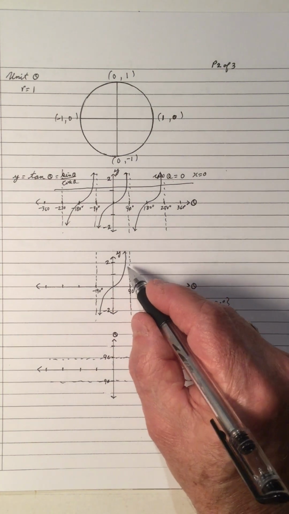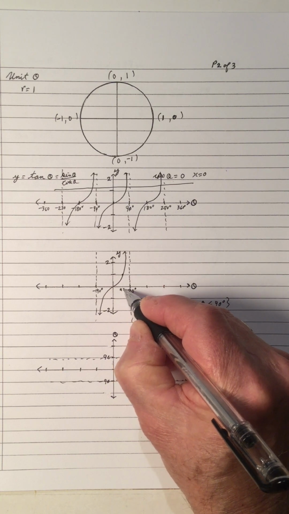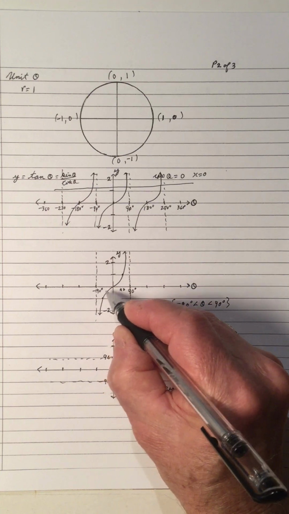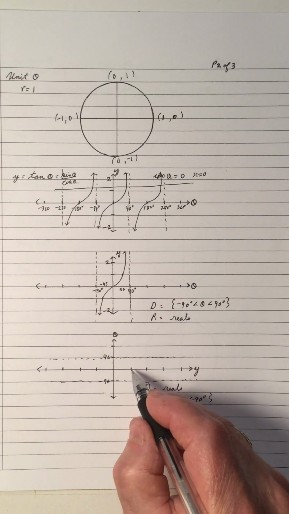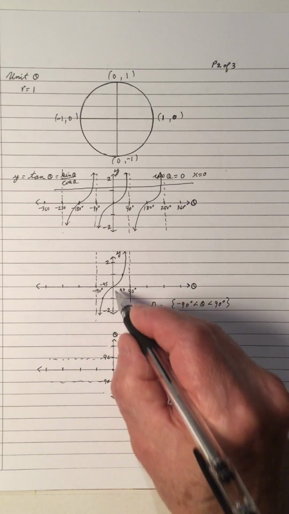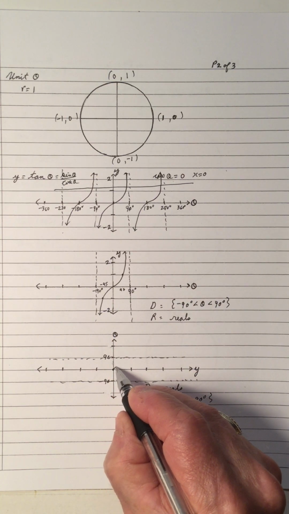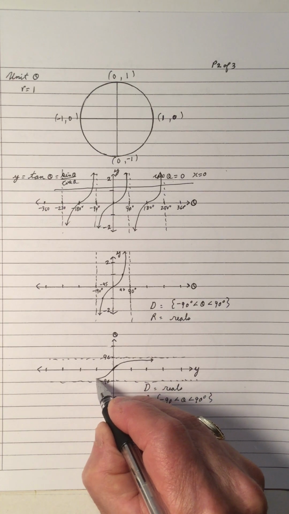So if you take this graph here, the tan of 45 is 1. The tan of negative 45, which is right here, is negative 1. The tan of 0 is 0. So this graph goes like this, comes through, and goes like this.